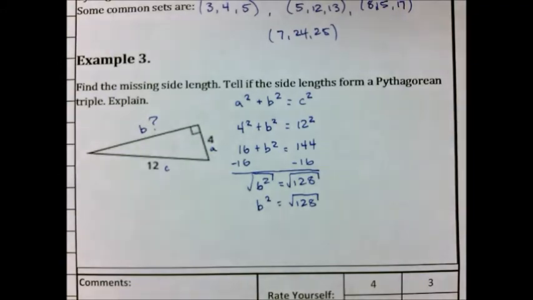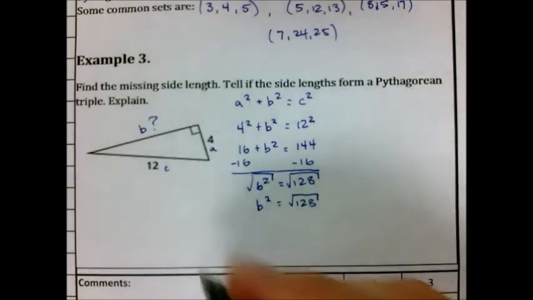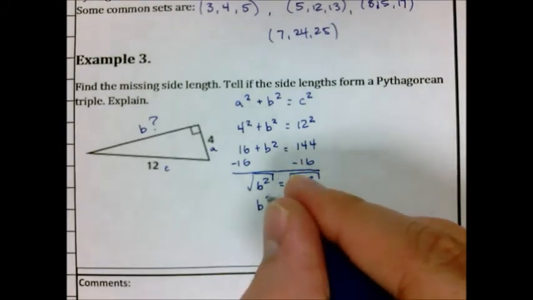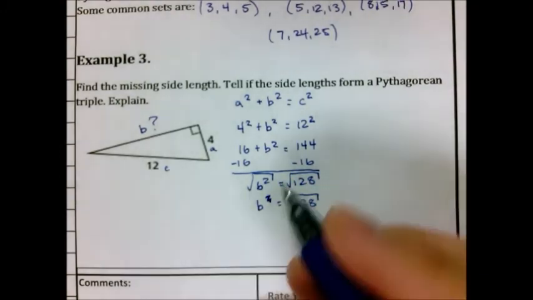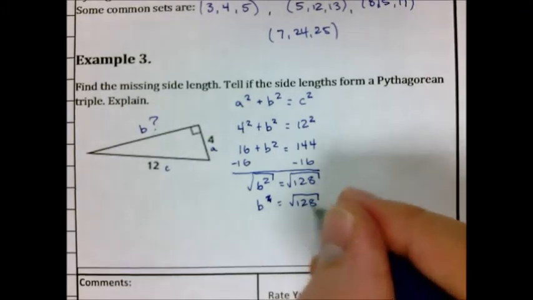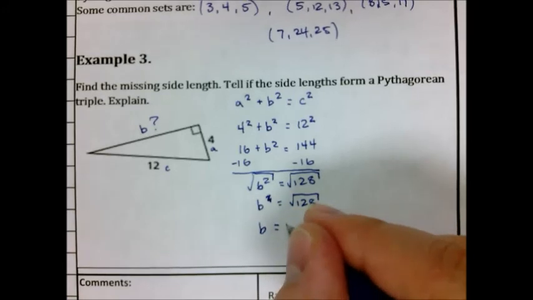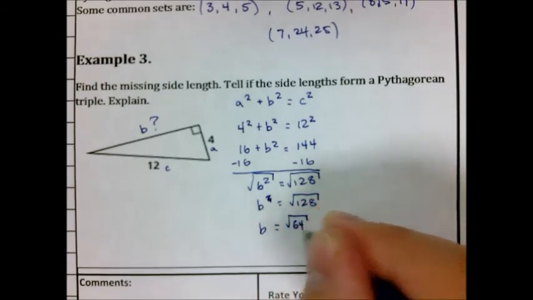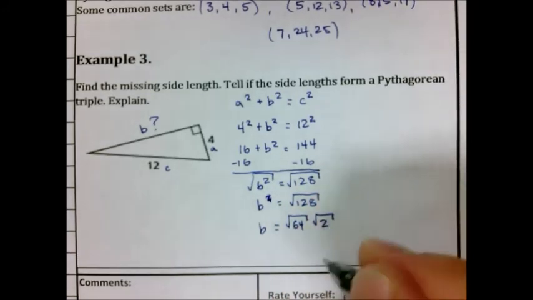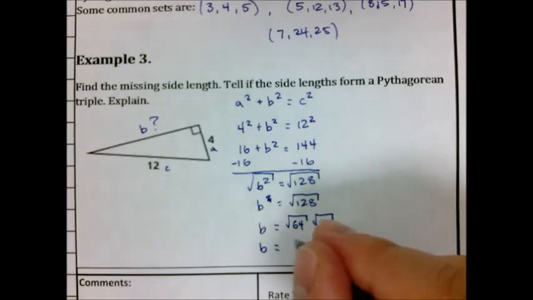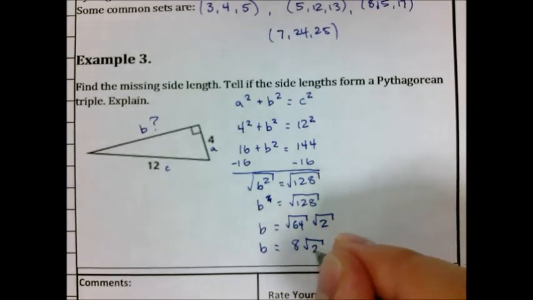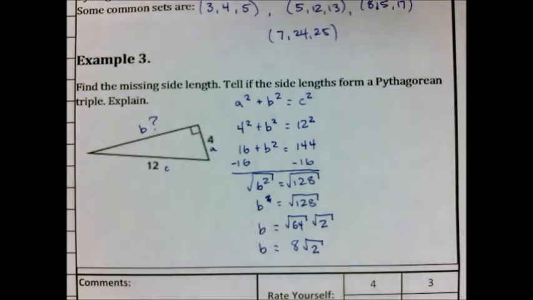Now we can use our freedom of perfect squares to try and free some of this out, to see if we can get a perfect triple. We see that 64 goes into 128 and it goes in twice. So we've got B is equal to the square root of 64 times the square root of 2. But that doesn't do us too much good because we're going to be left with B is equal to 8 times the square root of 2.